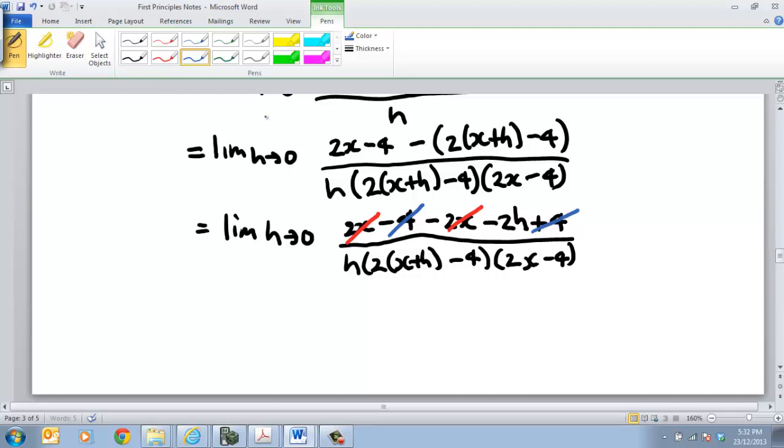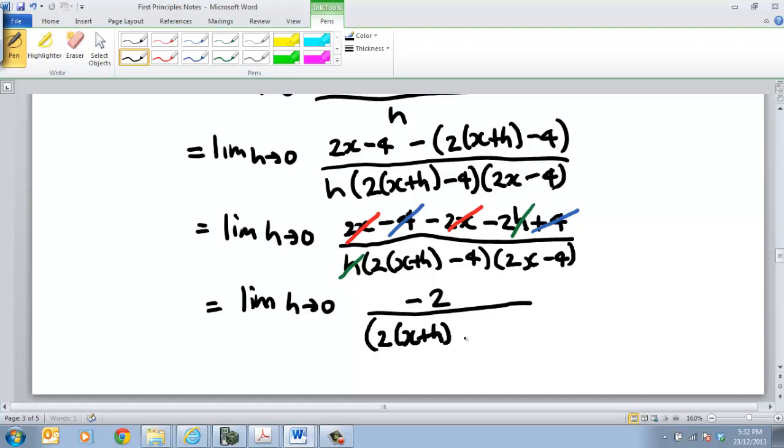Right, now just to save time, we can cancel that h, because there's only one term there with that h, and so that's leaving me with the limit as h goes to 0 of negative 2 all over 2x plus h take 4, 2x take 4.